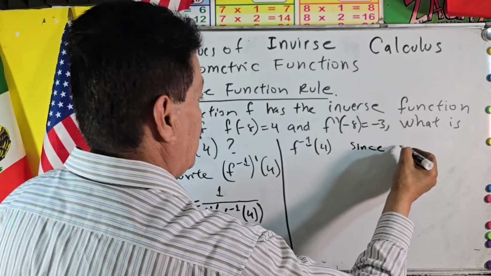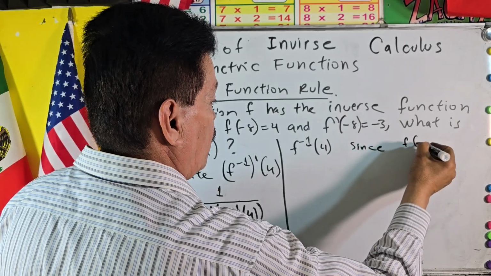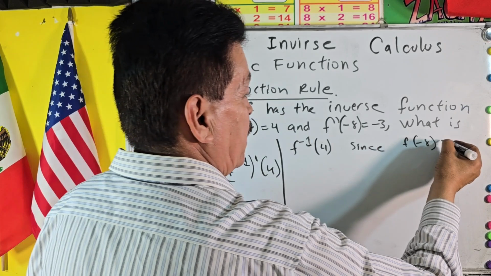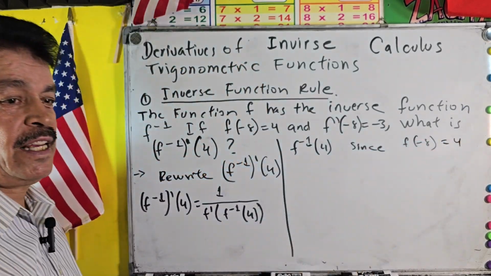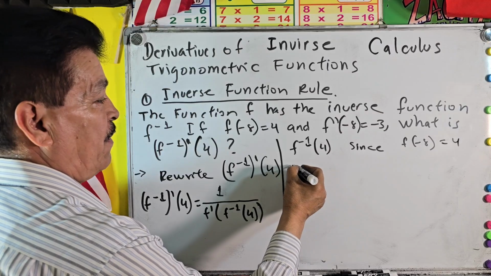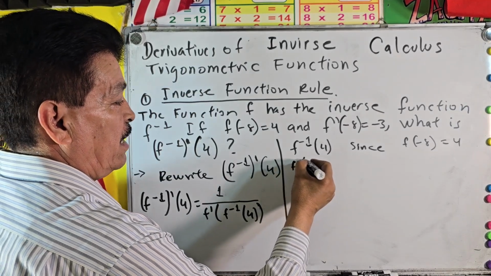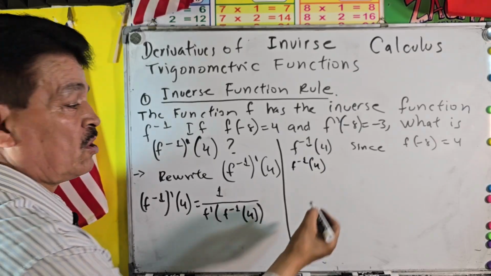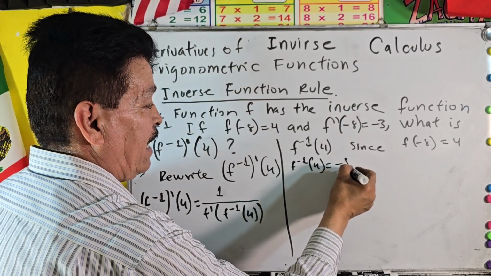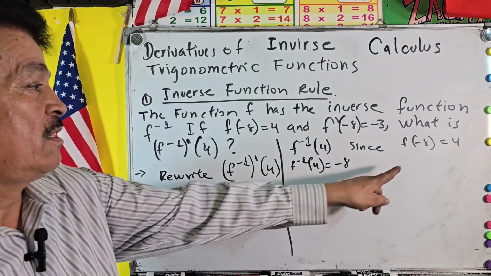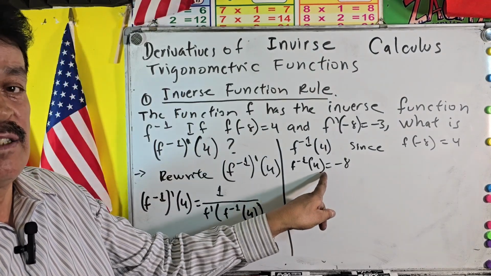Since we have f of -8 equals 4, look at the data, then f to the -1 of 4 equals -8.